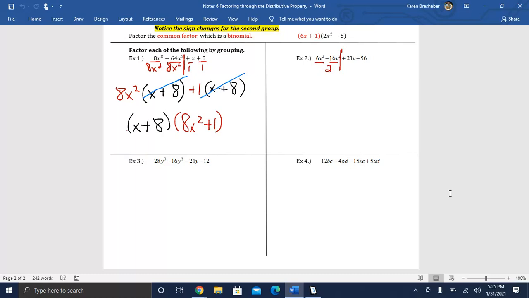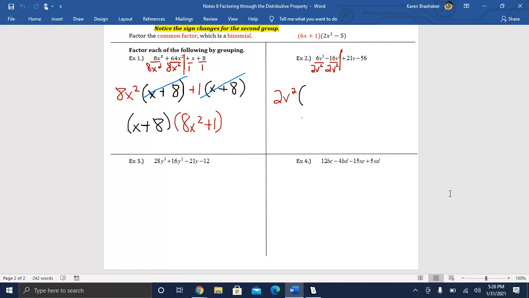And then we'll check on our variable as well. And both of these terms have v's. So the lower of the 2 exponents is v to the second power. Remember that what we divide by, we write outside of a parentheses that we'll be starting. And now we actually do the dividing.